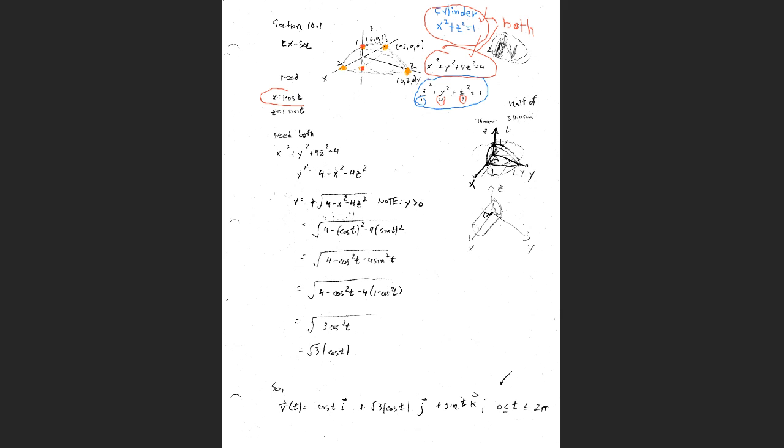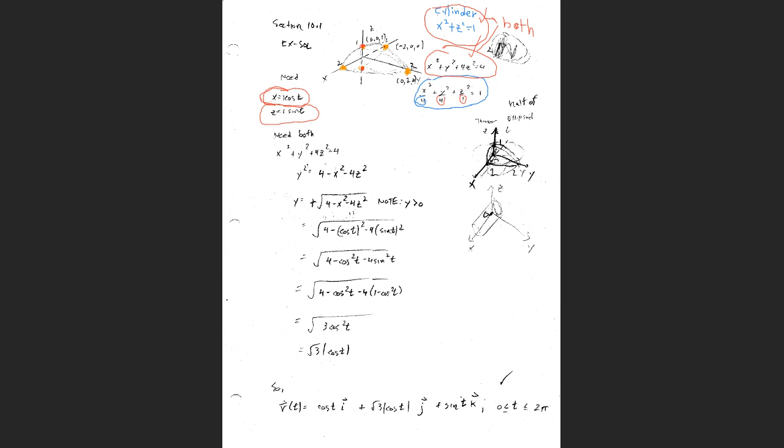If the space curve is going to obey the cylinder, then you're going to need that the x component is the cosine of t and the z component is the sine of t, right?